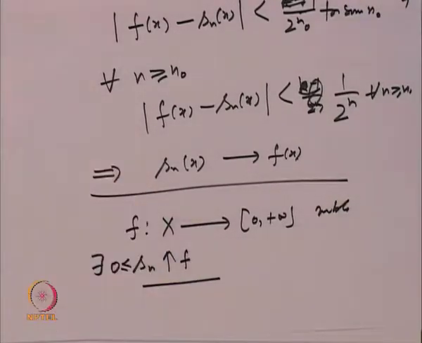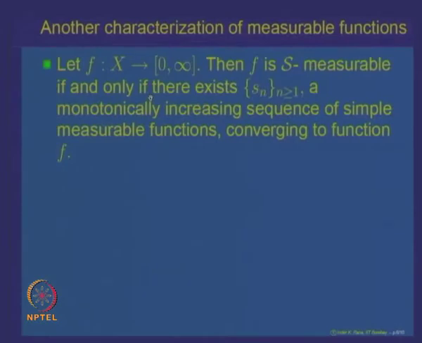So, let us come back to the theorem, which is one of the key theorems in the concept of measurable functions: every non-negative measurable function can be obtained as a limit of non-negative simple measurable functions, and these can be selected to be an increasing sequence. So, you can approximate a non-negative function as a limit of an increasing sequence of non-negative simple measurable functions.